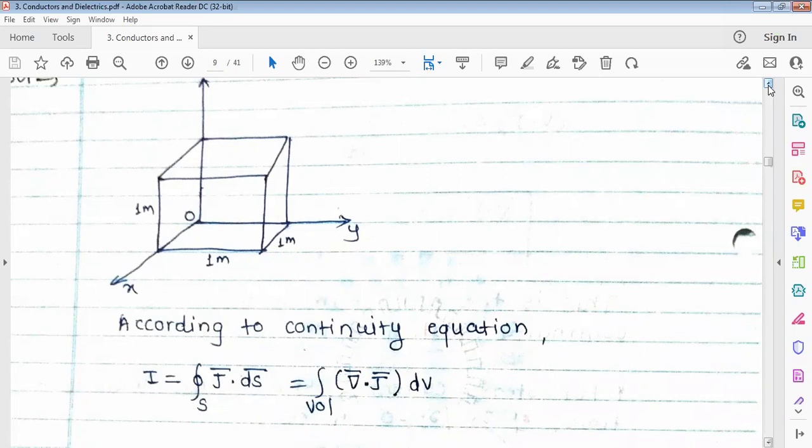So what we have to do, we have to consider the equation for total volume, right? We cannot find the current passing through any surface here.